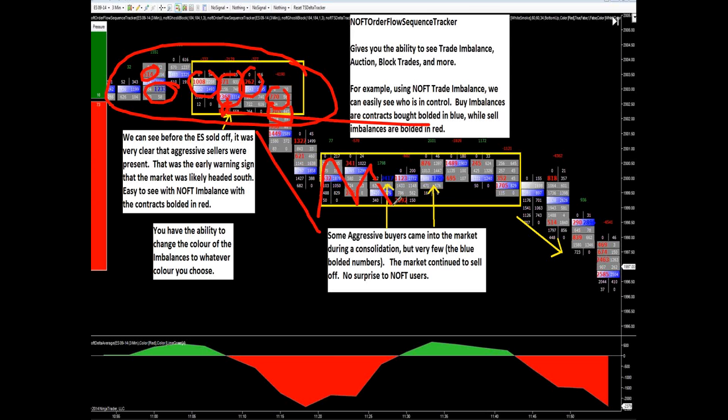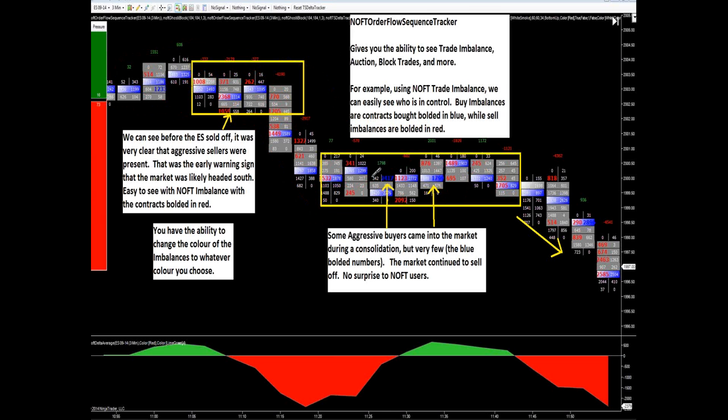Back into consolidation. What are we seeing again? It's like a rerun: red, red, red, one blue here, red, red, one blue here, red, red, red, red, red, sell-off.